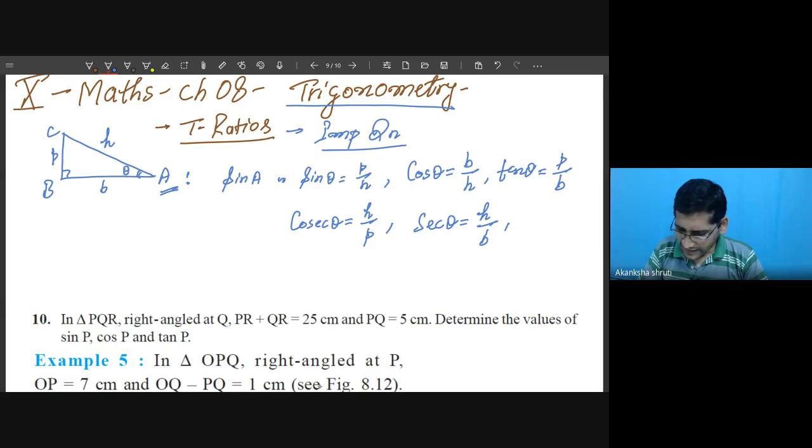Then cot of theta is given by B by P. These are the important ratios.